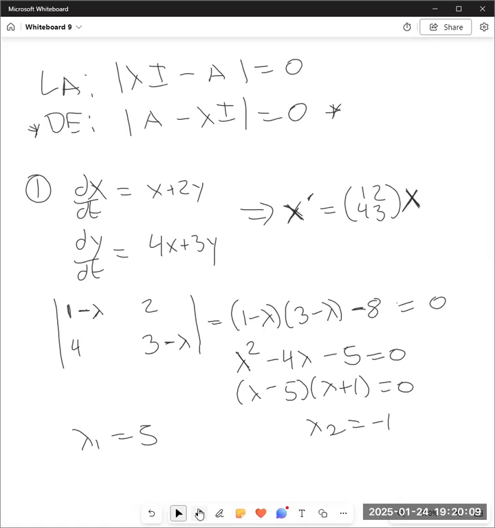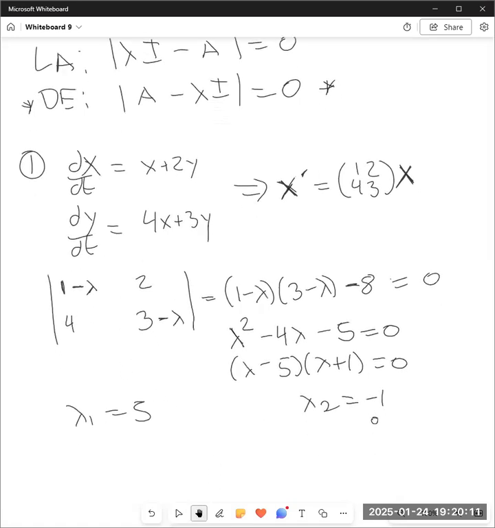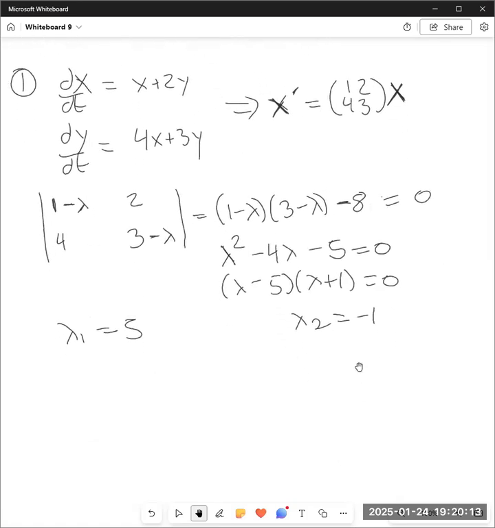And that tells me that using this right here, I'm not going to use the determinant now. I'm going to write that as a matrix that's augmented with the 0 matrix. So I want 1 minus 5, and then 2, and then 4, and then 3 minus 5. Augment this with 0, 0.